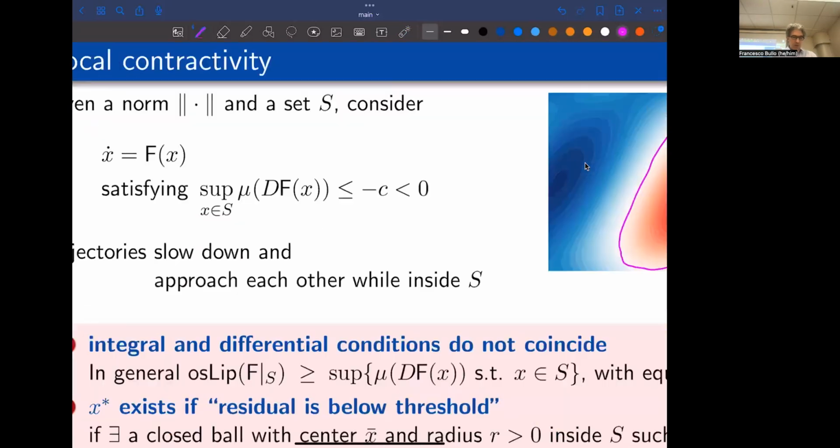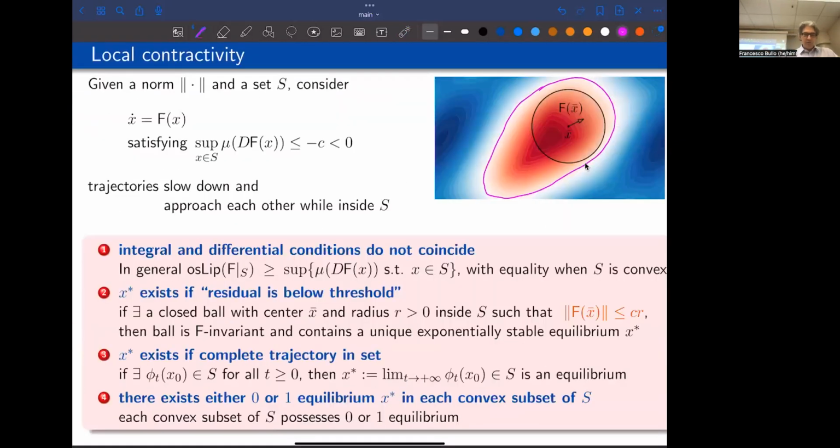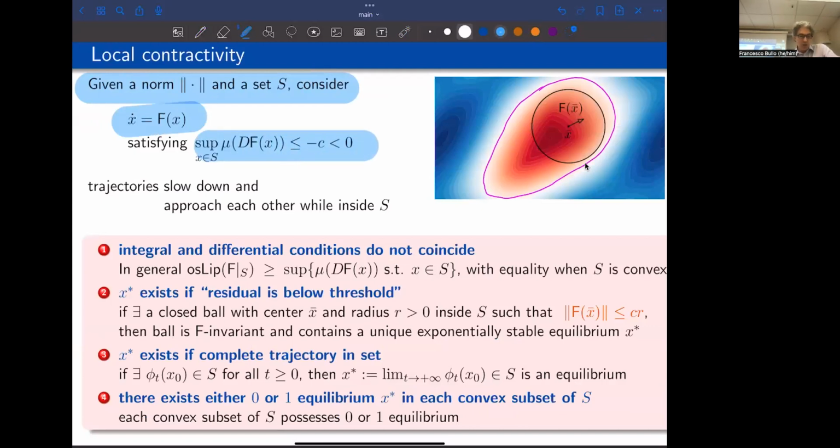Forgive me, I want to follow this step by step. Given a norm, consider a set, and imagine that x dot equals f of x satisfies that the log norm of the Jacobian is negative, but not everywhere, in a set S. As I said to you, trajectories slow down and approach each other while they are inside S. Does that mean that they stop? Not necessarily.